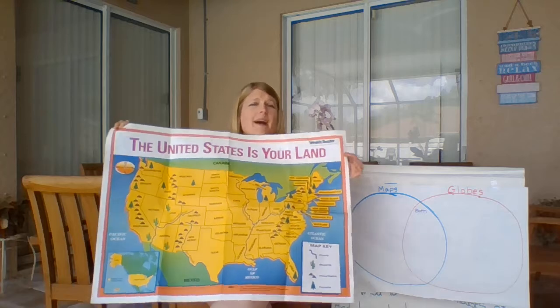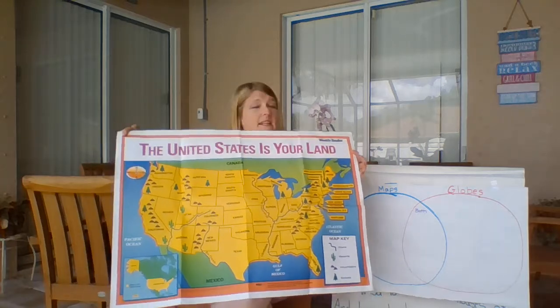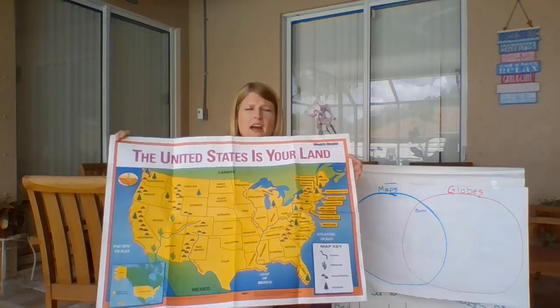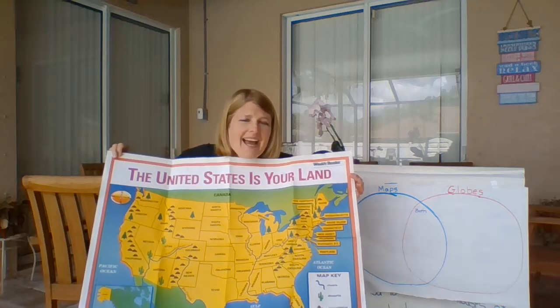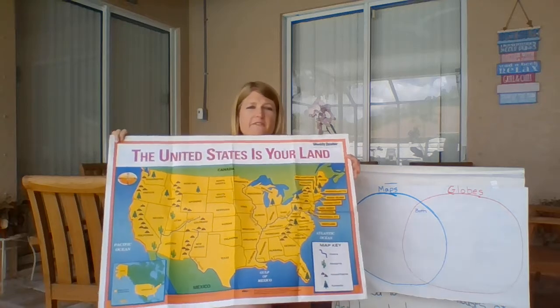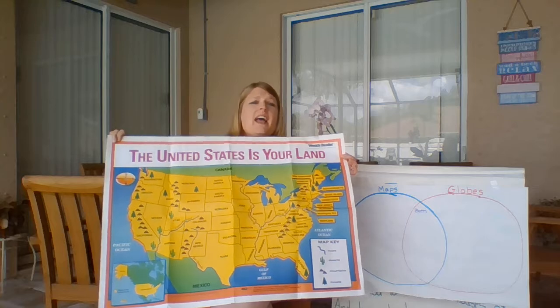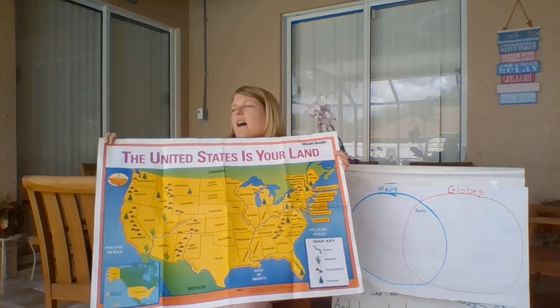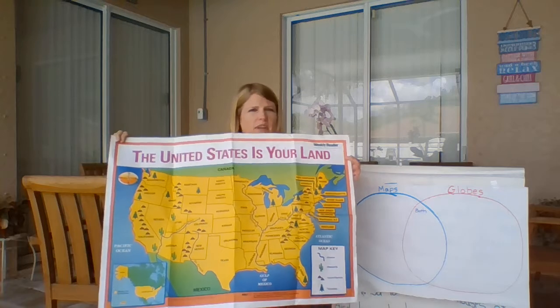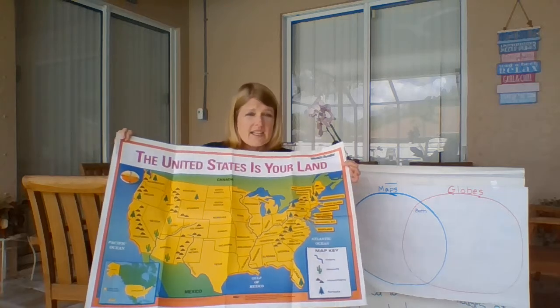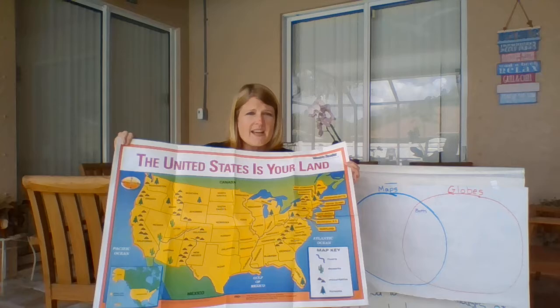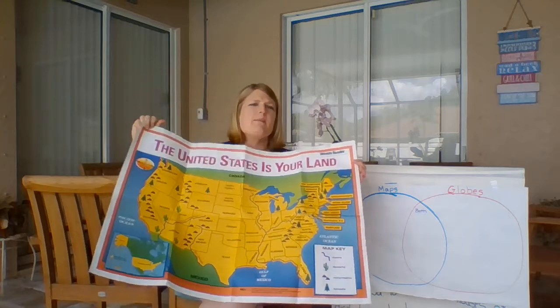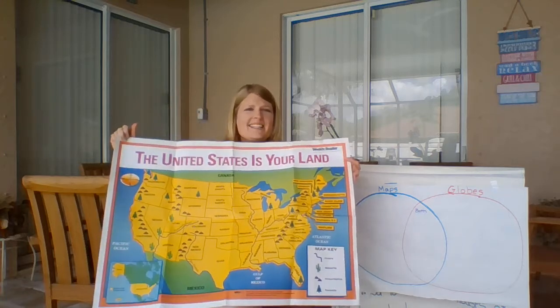Another example of a map, they don't always have to be paper-based. They do have to be two-dimensional, but not always paper-based, because you happen to have one on your parents' phone that you use a lot of the time. And that is our maps that help get us somewhere. If I want to go somewhere up in Tampa to another school that my daughter has a band contest at, I just put the name of that school in there, and the map shows me the roads I need to take to get there.